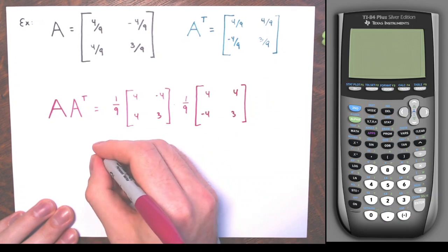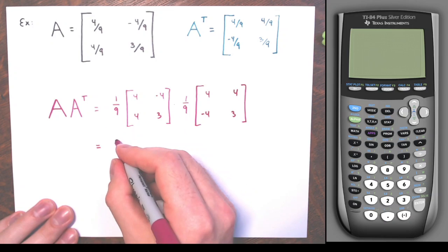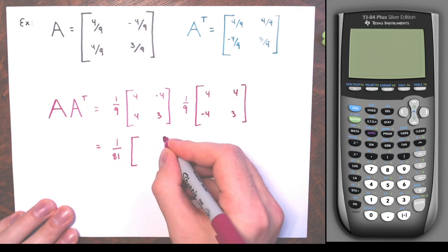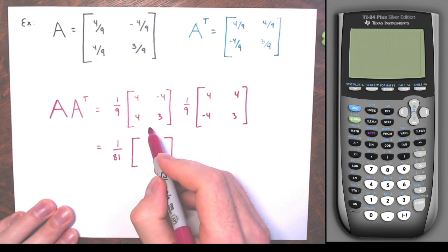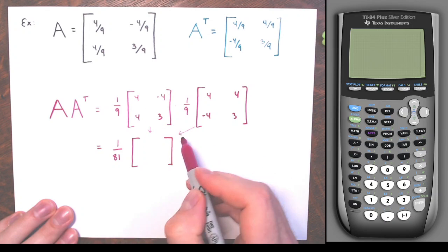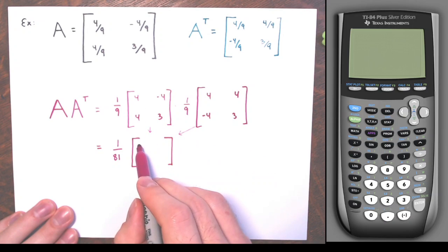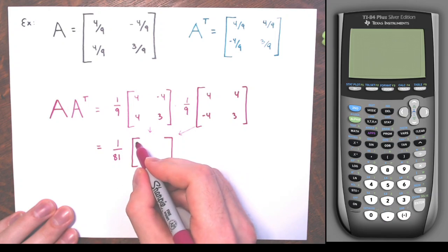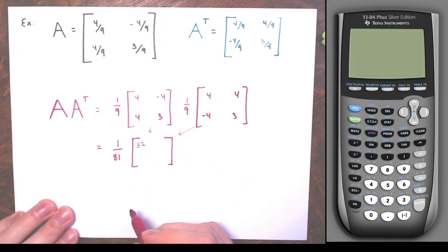And moving the scalars out front, you get 1/81st, and then the product of these two matrices will go here. First row, first column would be 16 plus 16. That's 32. And really I can stop.